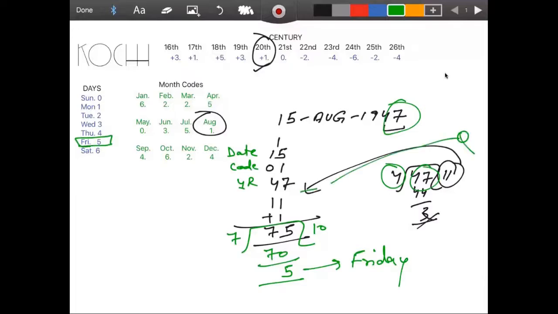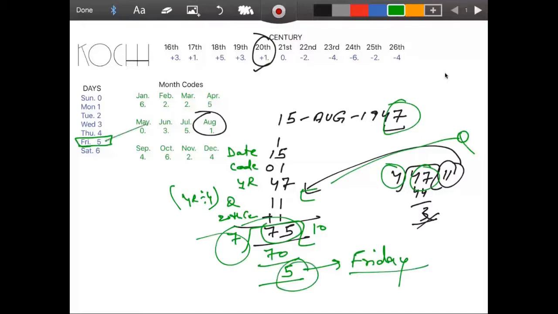We'll check the quotient. And this is for 20th century, and this is not a leap year, so we did not subtract 1. Sum was 75, we divided it by 7. The remainder was 5, and 5 was Friday.